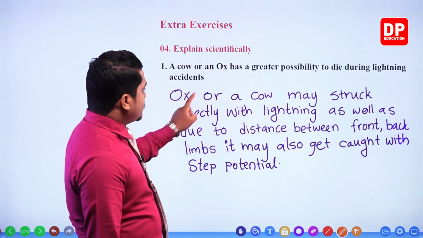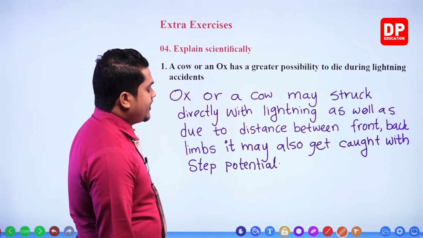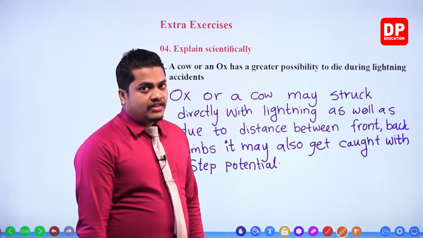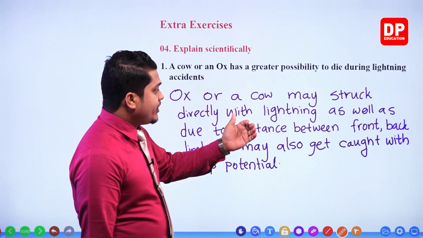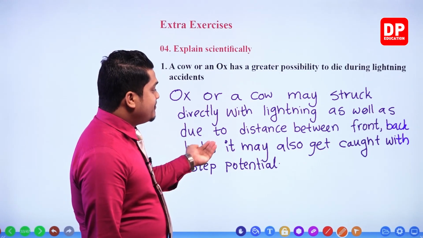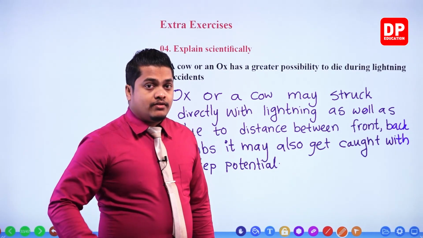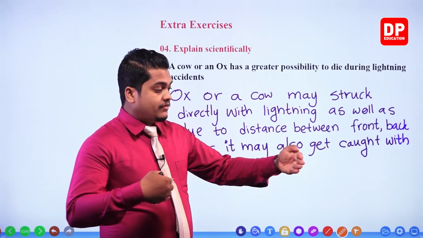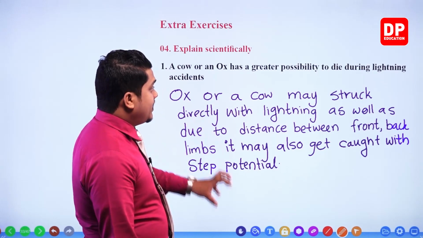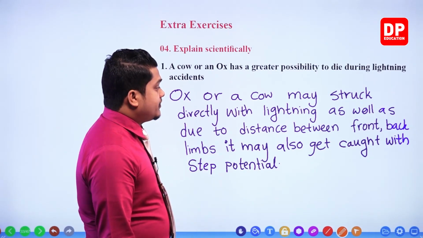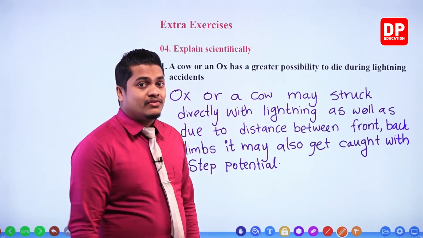Right. So an ox or a cow may be struck directly with lightning. That means a direct strike. Or as well as, due to the distance between front and back limbs, it may also get caught with step potential. It can also get caught up with step potential because of the distance between front and back limbs. So therefore there are two possibilities, right? So because of that, an ox or else a cow has a greater chance of dying because of a lightning accident, my dear children.